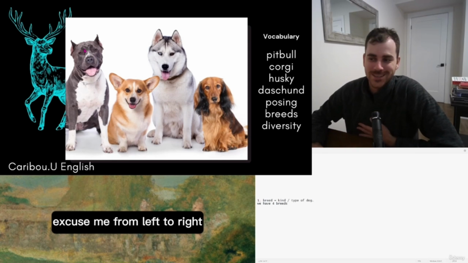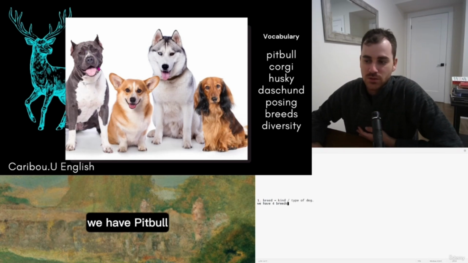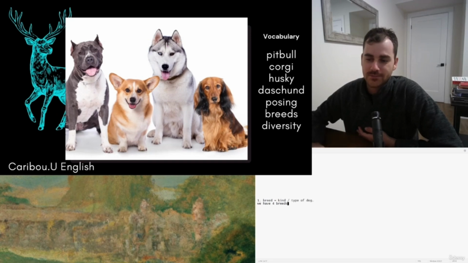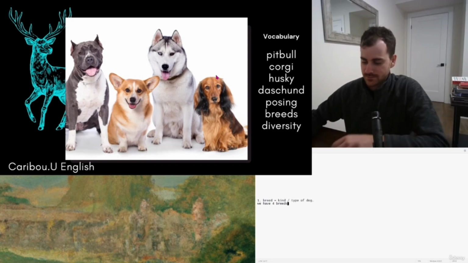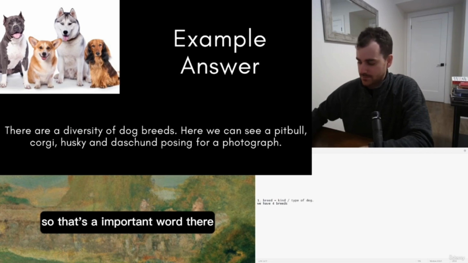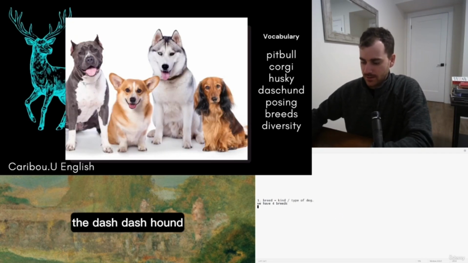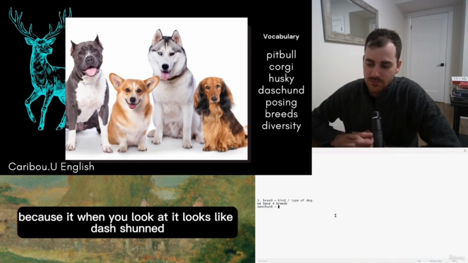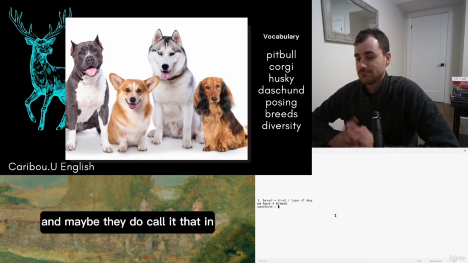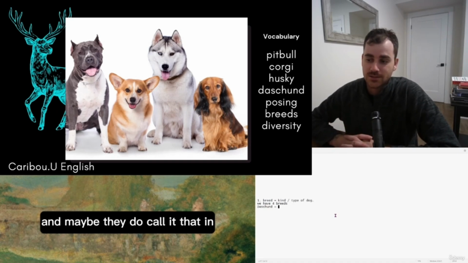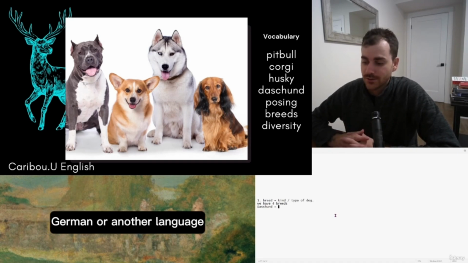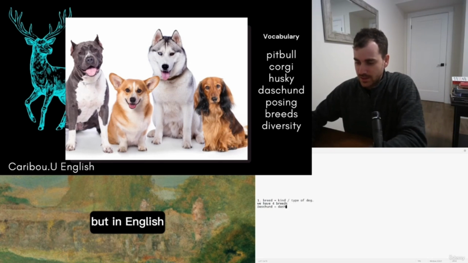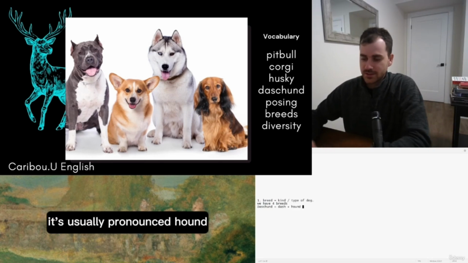Excuse me. From left to right, we have Pit Bull, Corgi, Husky, and Dachshund. So that's an important word there, the Dachshund, because when you look at it, it looks like Dachshund, and maybe they do call it that in German or another language, I'm not sure, but in English it's usually pronounced Dachshund.